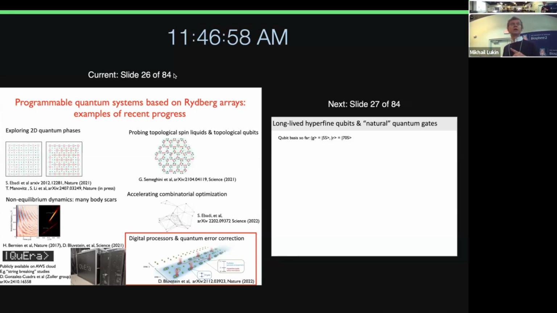But for Rydberg states, the typical coherence times are in the tens or maybe hundreds of microseconds. The lifetime of the Rydberg states which we use is typically in the 100 microsecond range. The coherence times are typically somewhat shorter, maybe tens of microseconds.